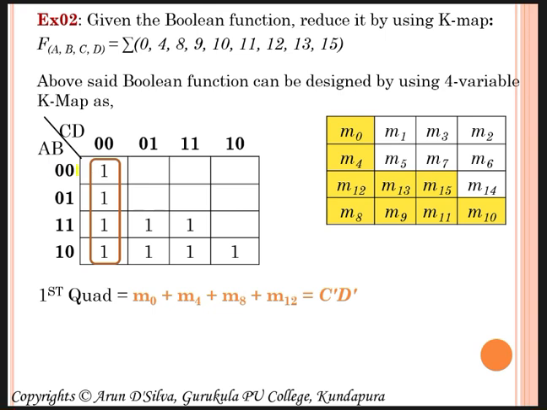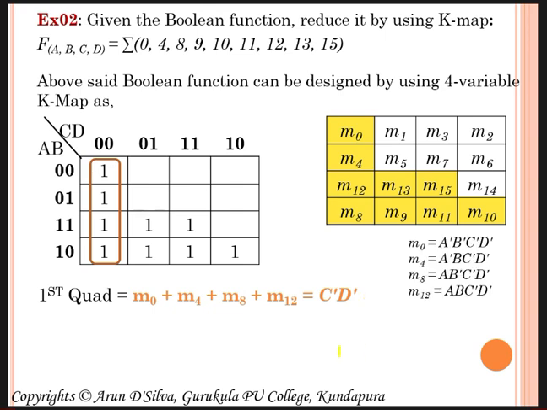So that means the A value and B value change. In all the rows the A value will change as well as the B value will change. In the column, the C and D values remain the same. Therefore, we take only CD here and both the values are 0. So it becomes complemented, C dash and D dash.